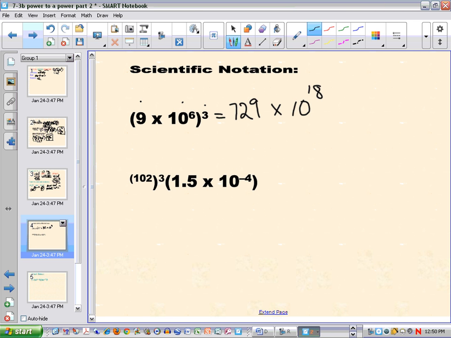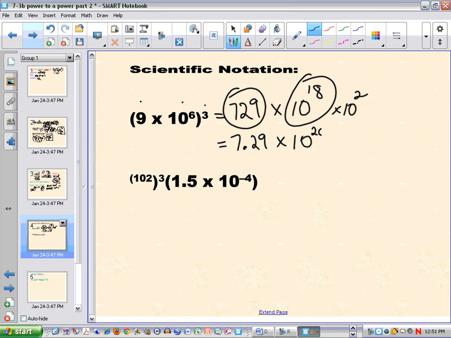But that answer is not scientific because this guy is not between 1 and 10. So we know that we need to divide by 100 to make him 7.29. But since we divided him by 100, we need to multiply this guy by 100. So that would be 10 to the 20th. Now it's scientific. We're good to go.